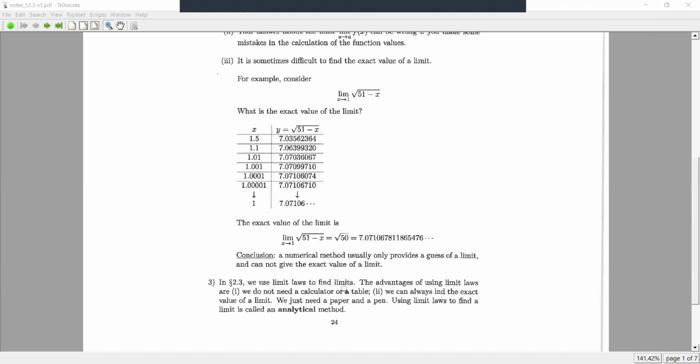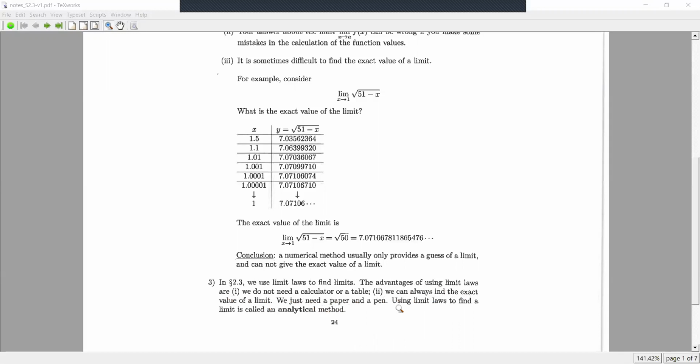I can see two advantages of using limit laws. Number one, we don't need a calculator or a table. We just need a paper and a pen. Then we can find a limit. The second advantage is we can always find the exact value of a limit.